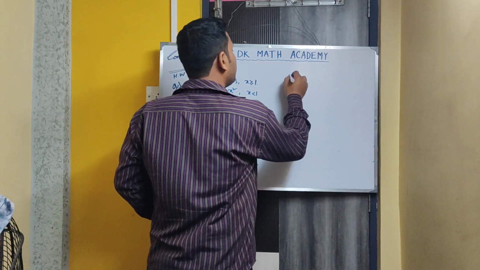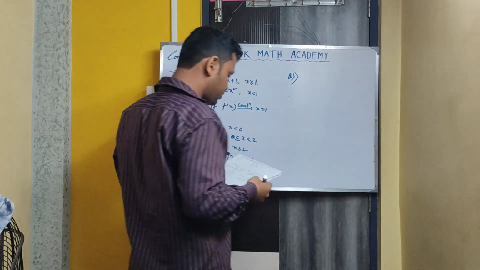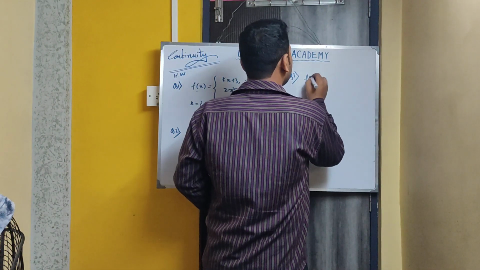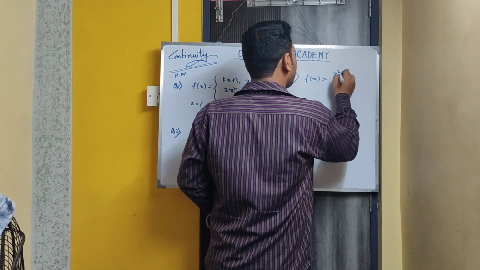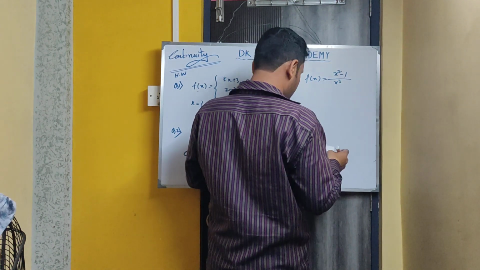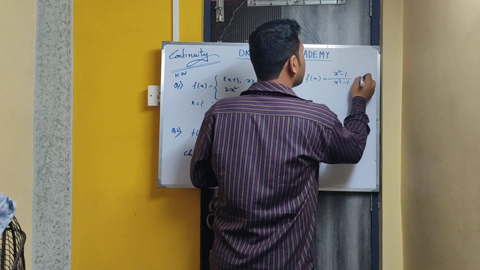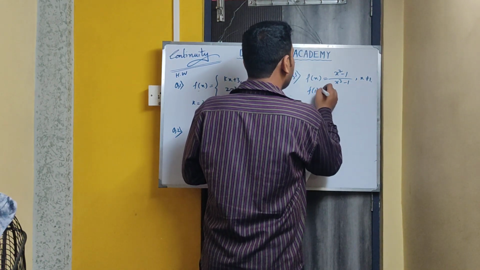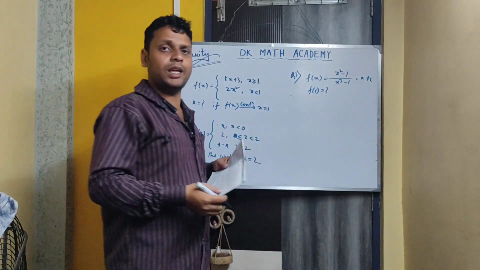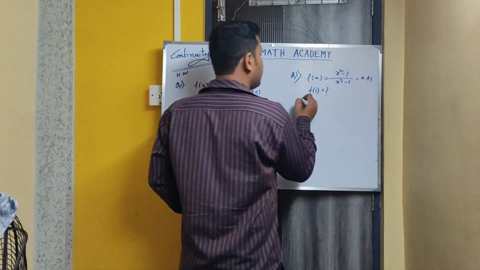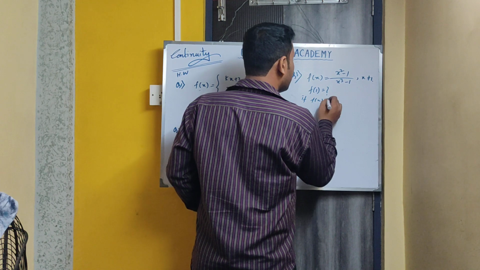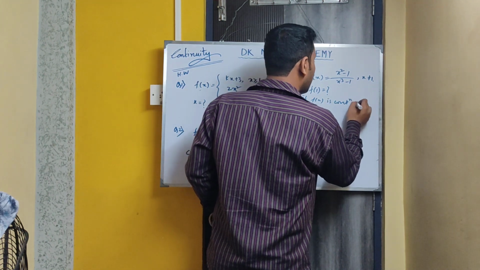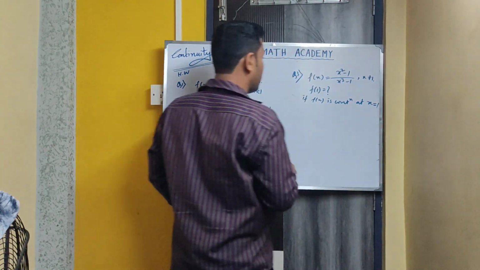The next question, suppose the function is given by (x square minus 1) by (x cube minus 1) for x not equals 1, then what will be the value of f of 1 if the function is continuous at the point x equals 1?